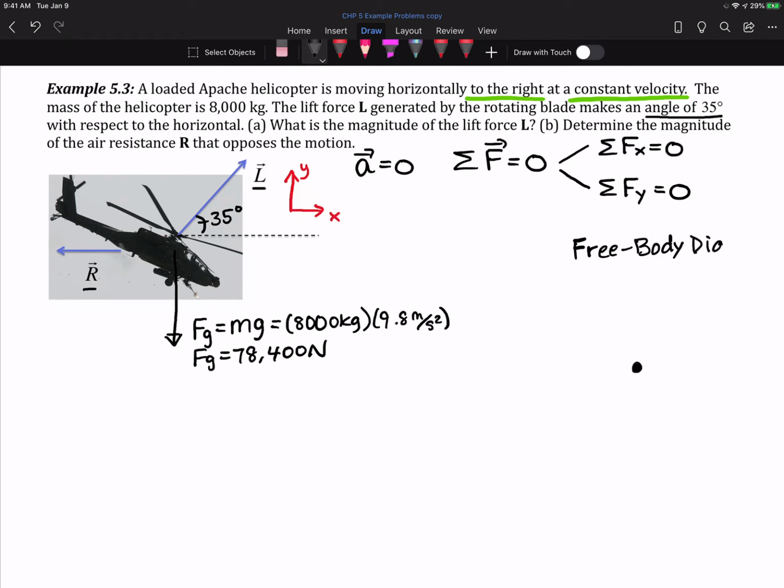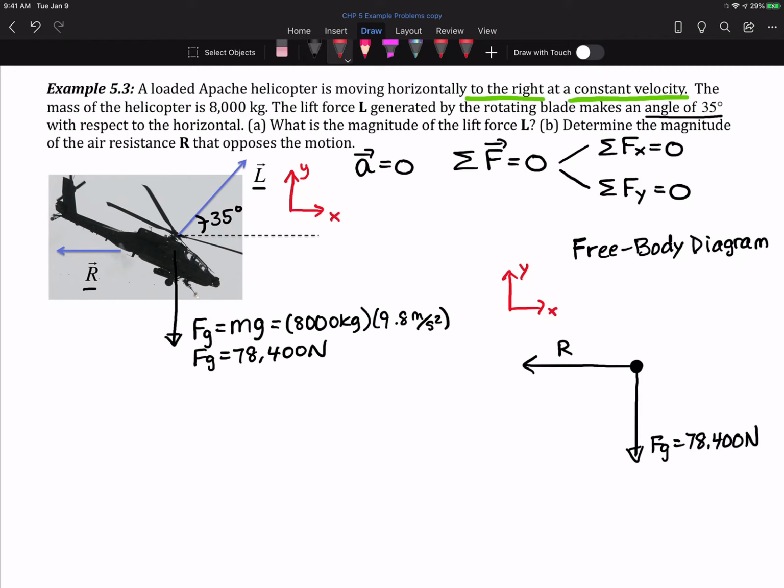And when we do that, we make sure that we just draw our object as a dot. So two of the forces are already in our traditional coordinate system, to the right and then vertically. And so we can draw those forces in. So we've got this resistive force, which is acting to the left, and we have this force of gravity, which is acting down. Now, on the other hand, we also have this lift force, and that lift force makes an angle in our coordinate system.